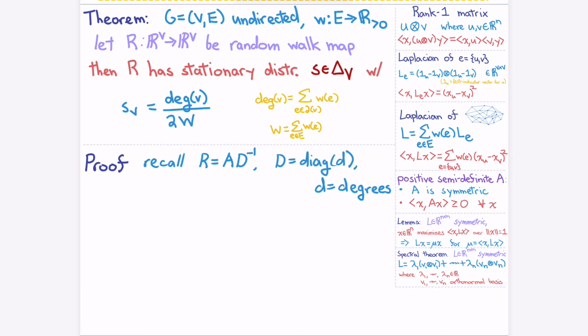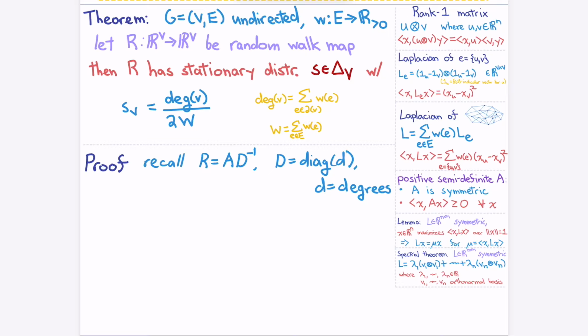We're just going to check that this is true, because we know there is an eigenvector. We know the stationary distribution is unique, and it's the unique one with eigenvalue 1. So if I can check that R D is equal to D, then D is my eigenvector of eigenvalue 1.